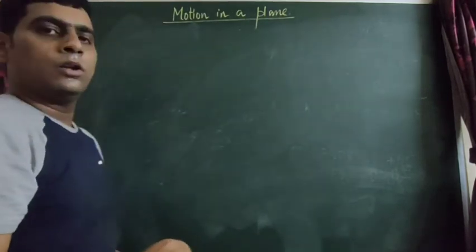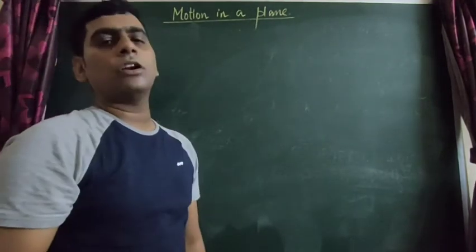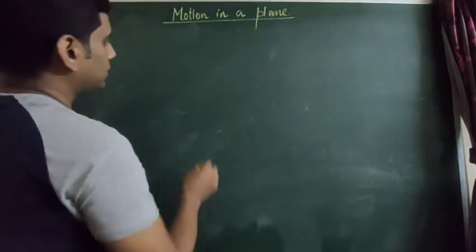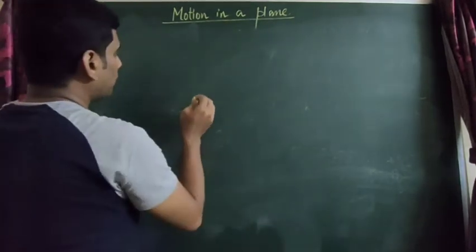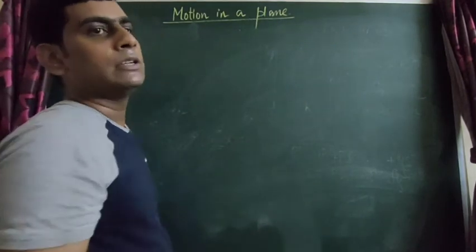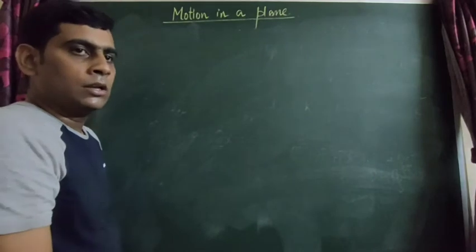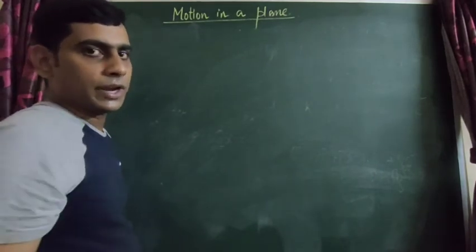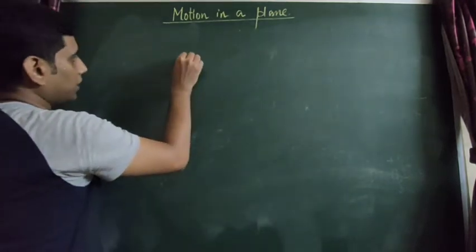Next, the parallelogram law of addition of vectors. It says that if two vectors represent two sides of a parallelogram drawn from the same point, then the diagonal drawn from the same point gives the resultant of the two vectors.